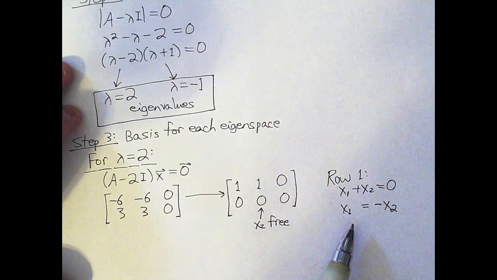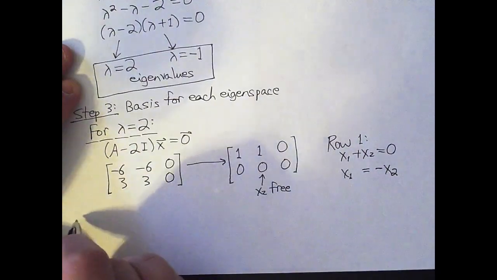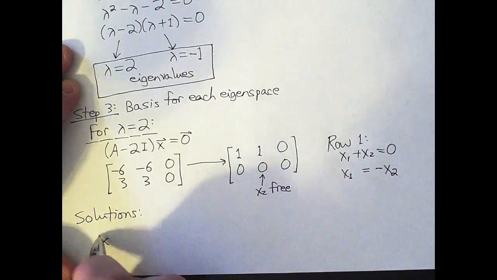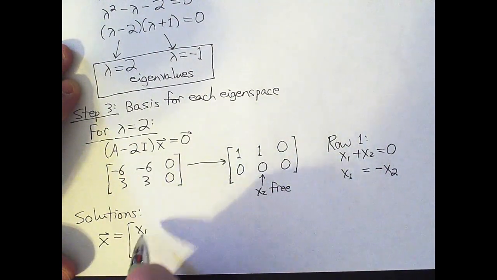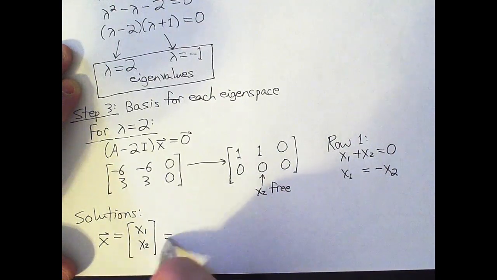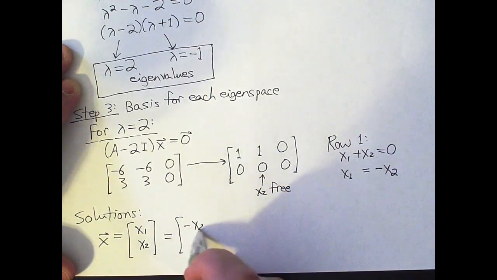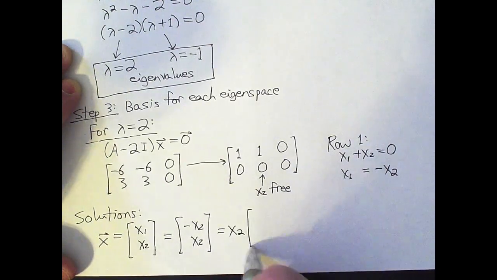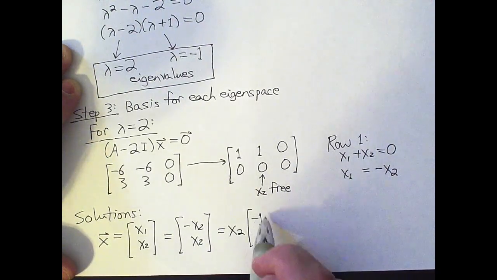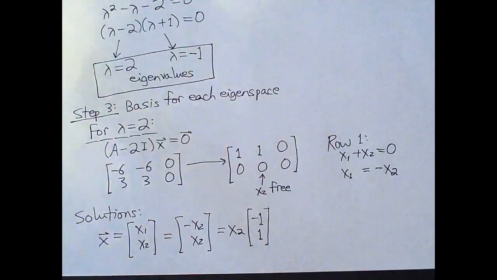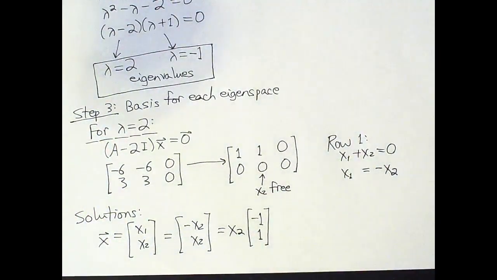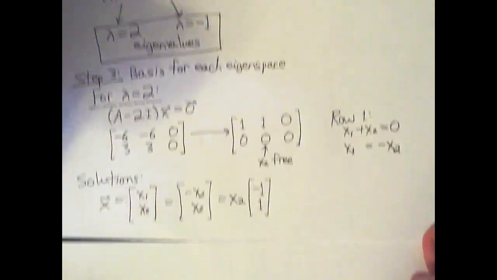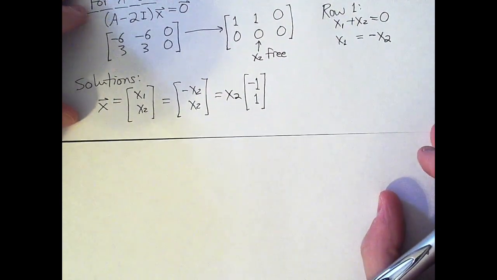All right, so solutions in parametric vector form: negative x2 and x2, so x2 times this vector. I'll continue this on the next page, so I don't want to try to cram the solution into that corner.